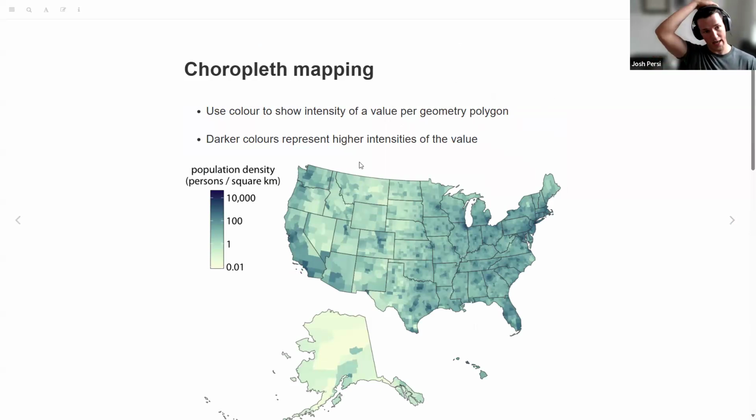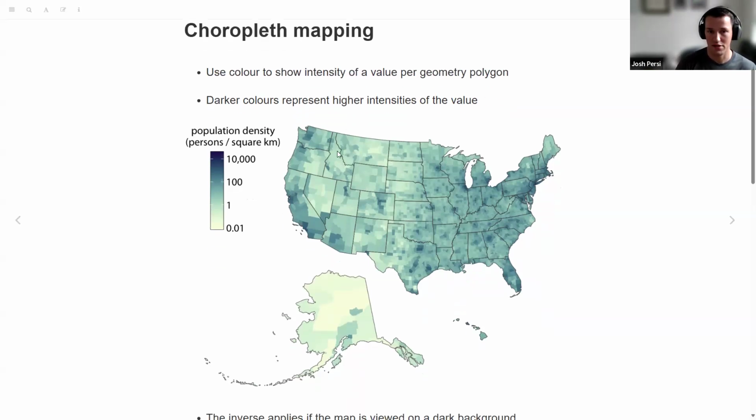The author says that you should scale your values by the size of your polygons. And I think that makes sense to me, but I have definitely made the mistake of just plotting the values and not standardizing by the size of the area. Don't know if others have done that, but something to be mindful of.